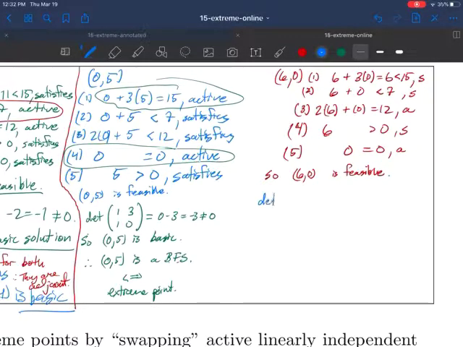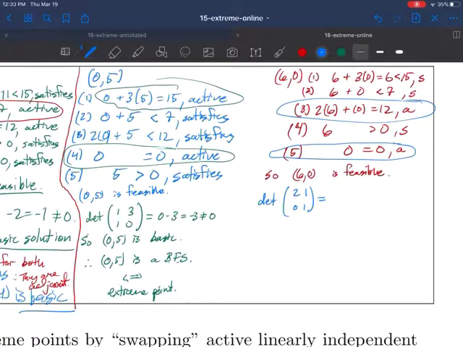Okay. Let's check the determinant of the constraint matrix. For my actives, that's constraints 5 and 3. So that's going to be [2, 1; 0, 1]. That has a determinant of 2, which is not equal to 0, that's the important bit. So (6, 0) is basic. Note, I'm not concluding it's a basic feasible solution there, even though I know it is because it was feasible too, because this determinant test only tells me it's basic.